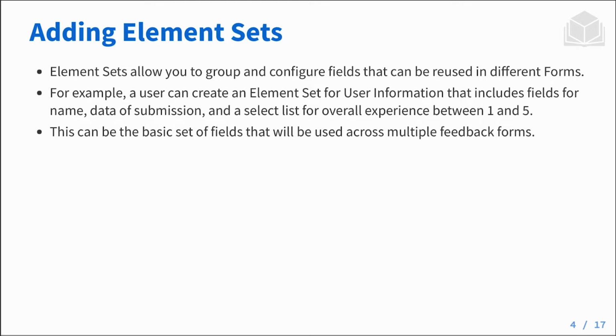All right, now in addition to just being able to create forms, we now have the ability to create what are called element sets. And element sets are very similar to concepts that we've seen all across the platform. We can predefine sets of fields and then we can reuse them. Okay, this might sound familiar to you. It might sound like document types and those metadata sets.